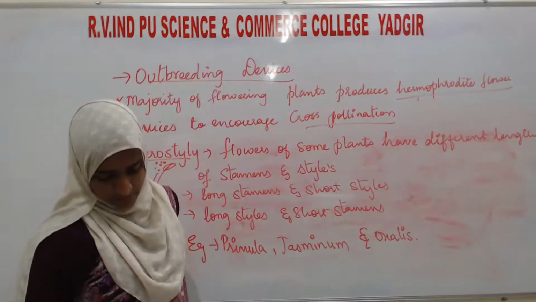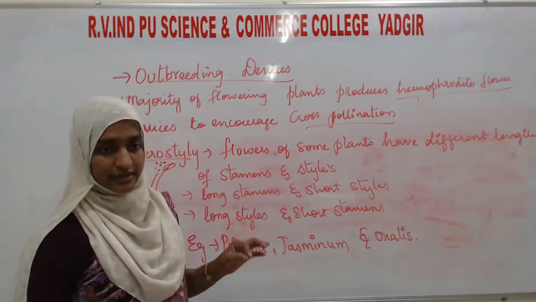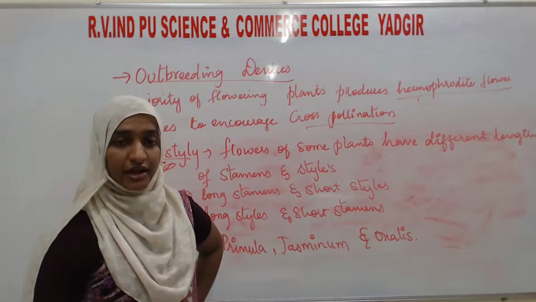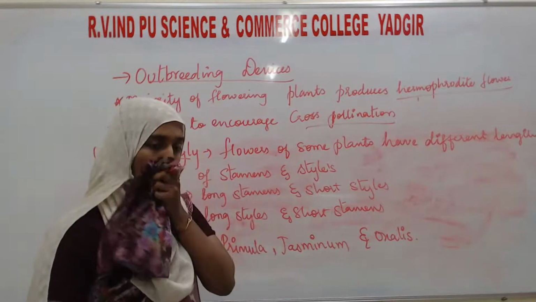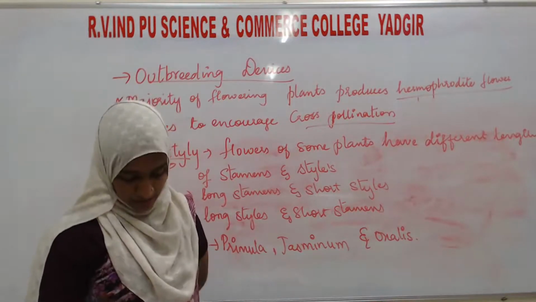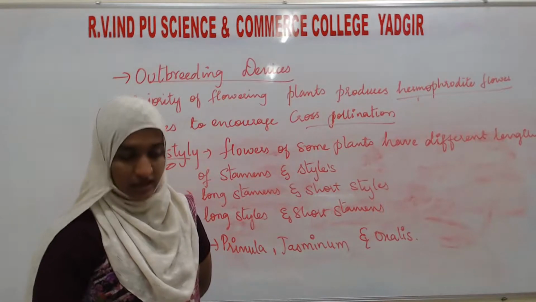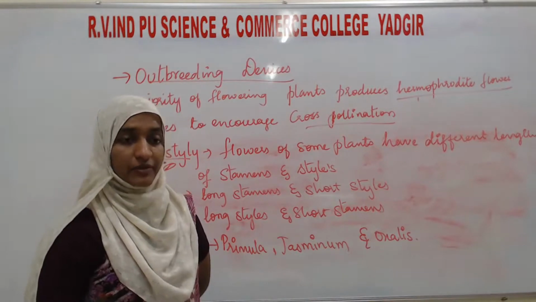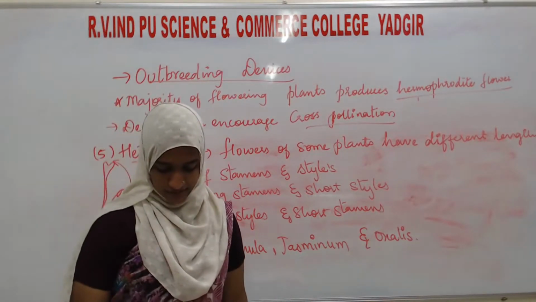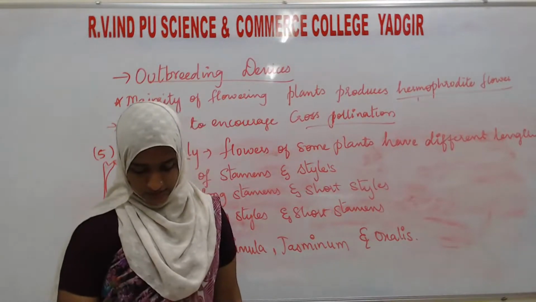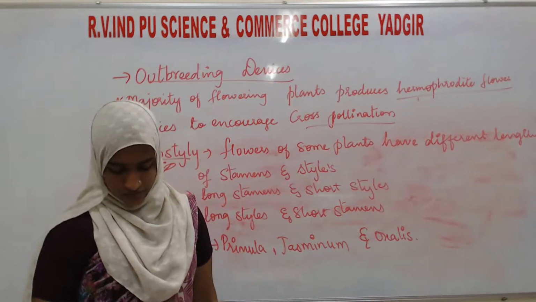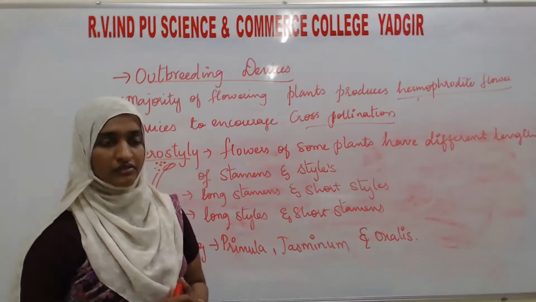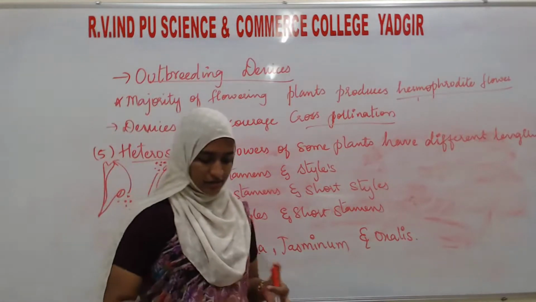Then one more point, write it there: in several species such as papaya, male and female flowers are present on different plants. So this prevents both autogamy and geitonogamy.